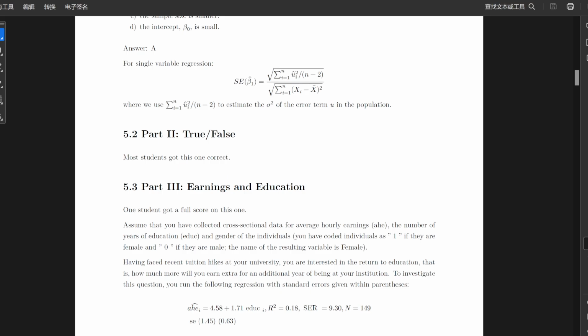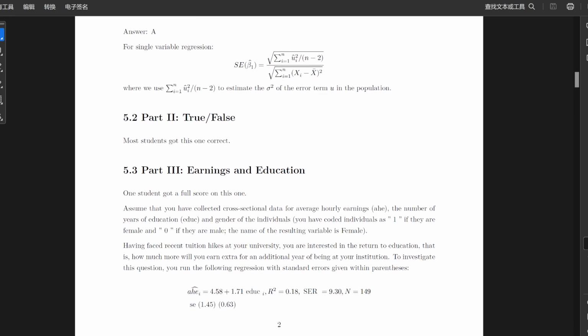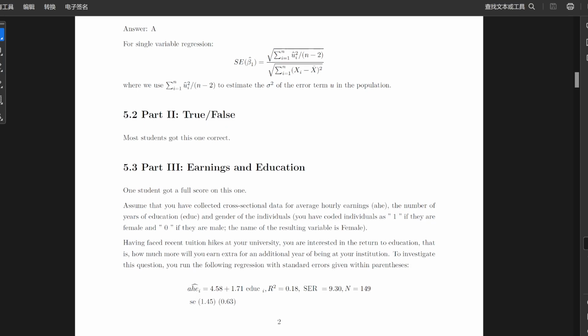You code individuals as 1 if they're female and 0 if they're male. You have all 3 variables. First you regress your hourly earnings on education level. Then you have R square, SER, the number of observations, and the standard error for your estimated coefficient.